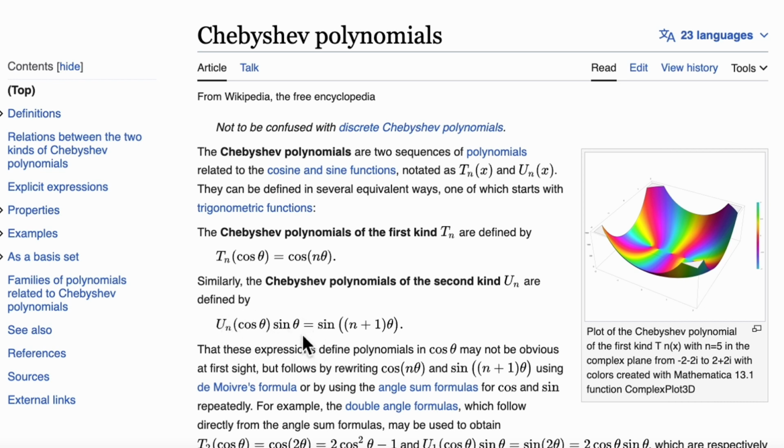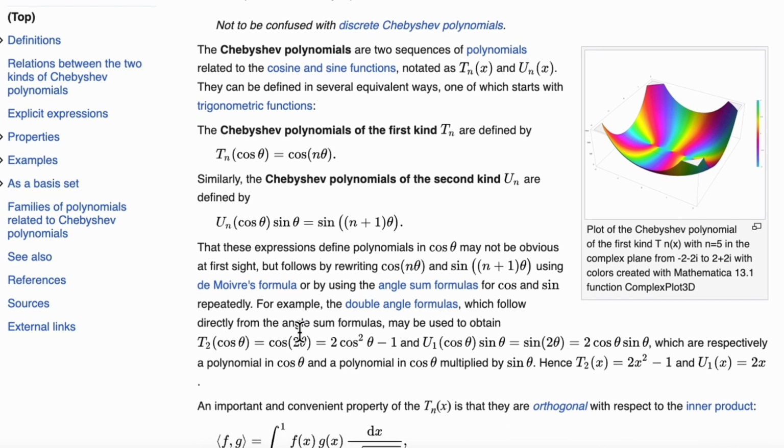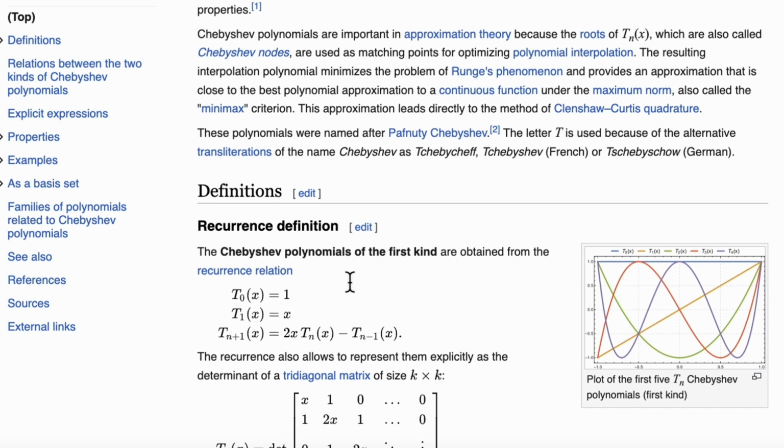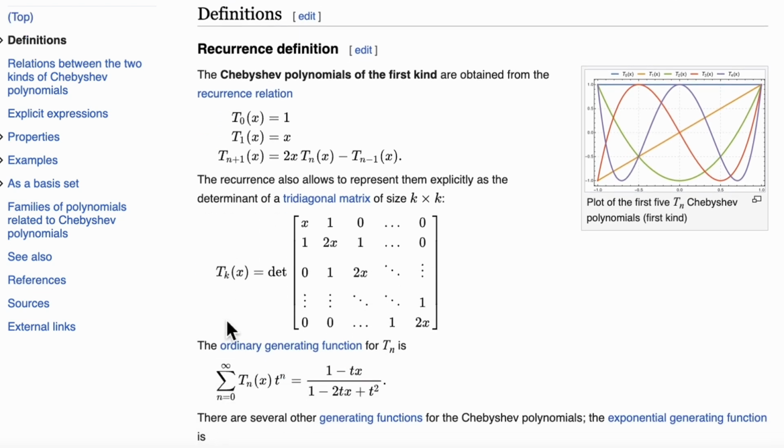There is some recurrence relation for the Chebyshev polynomials. We're not going to derive the recurrence relation here. Might do that in a different video, but let's go back to the slides here.